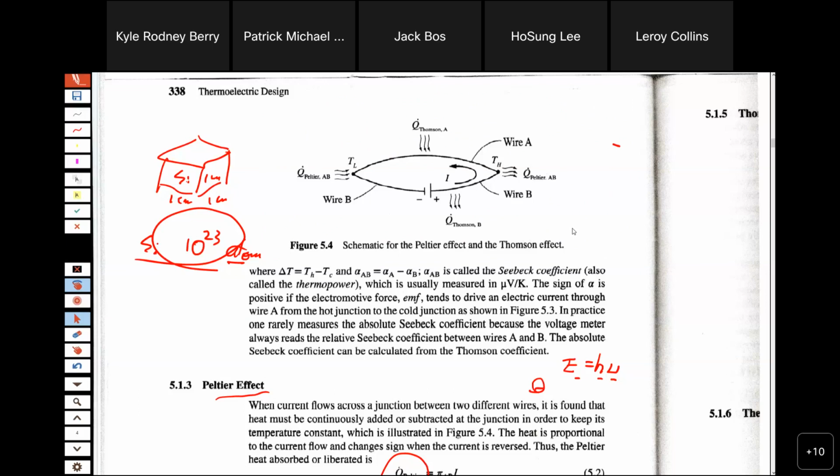Now, we understand the Seebeck, we understand the Peltier, but we try to understand the Thomson heat. That's very difficult.